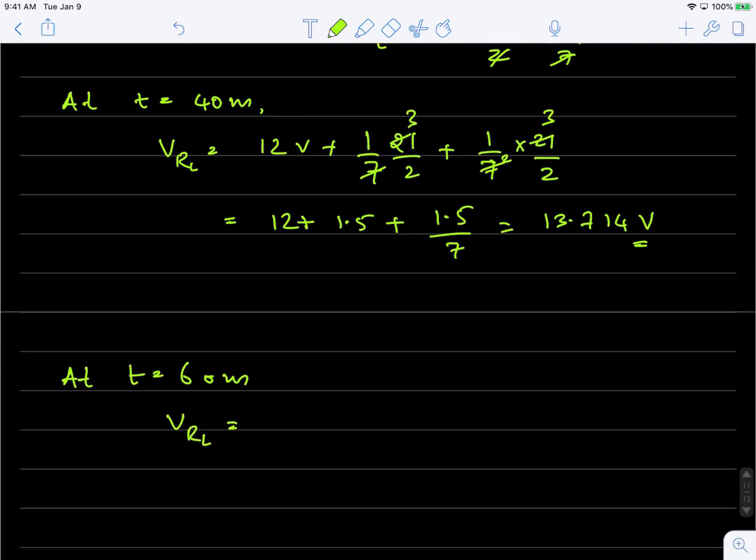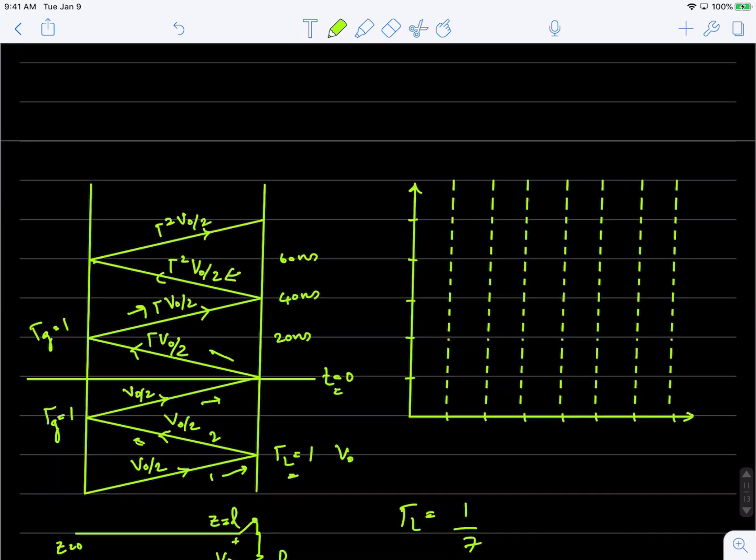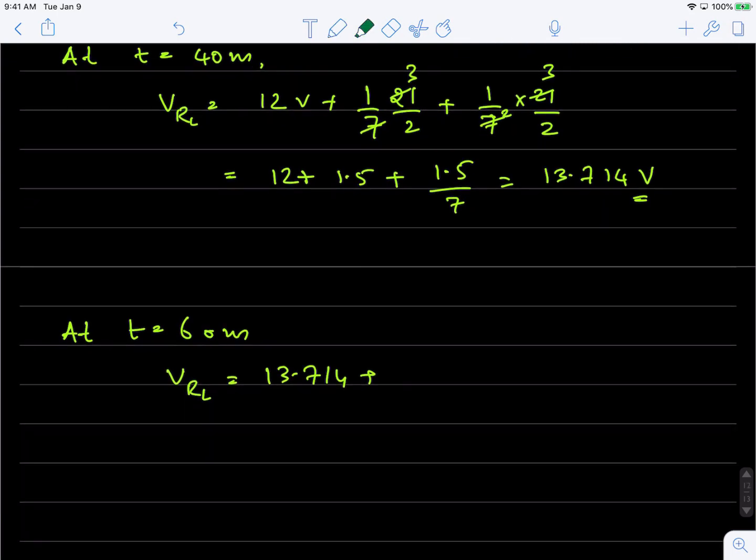Okay, and finally at t is equal to 60 nanoseconds, VRL is going to be 13.714 volts plus, at 60 nanoseconds it is going to remain the same thing. Okay, so we don't really have to change anything. It's going to be the same value. Let's just go ahead and find it for 80 nanoseconds.